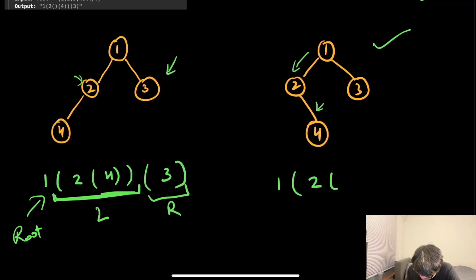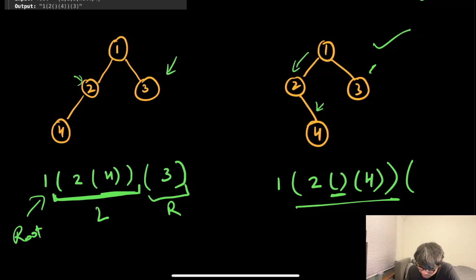Then for left we're going to have an empty string, empty parentheses, and then we're going to have the right subtree, and finally we're going to close this, and then we're going to have the right subtree right here, this one, that would be 3. So here it's just this extra parenthesis you are seeing.